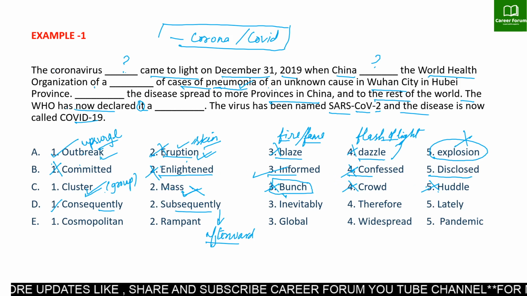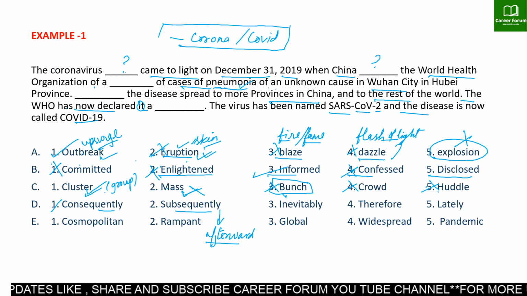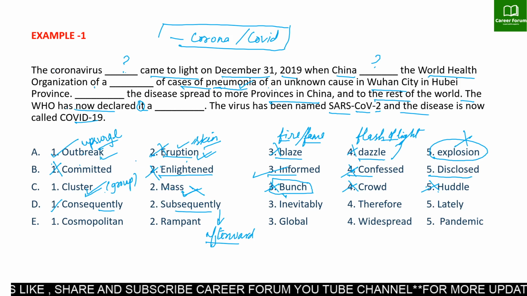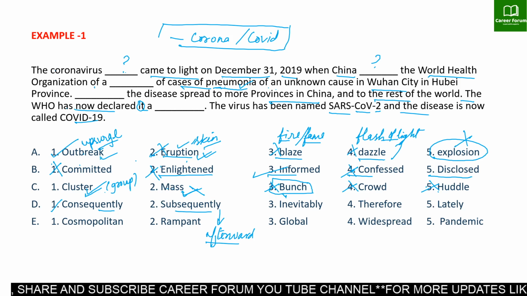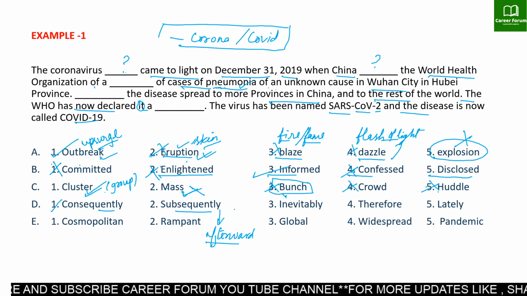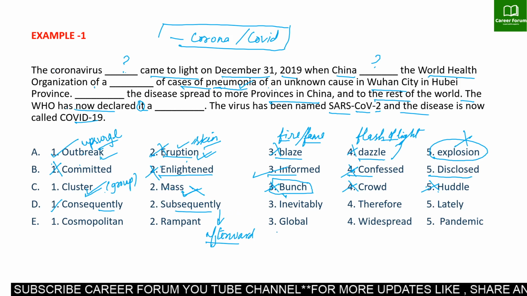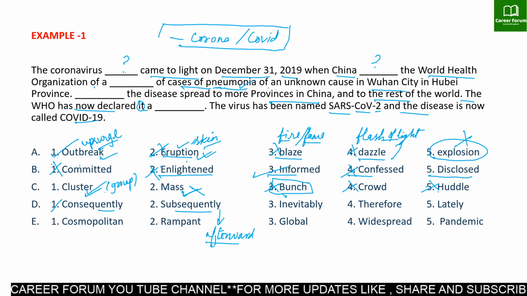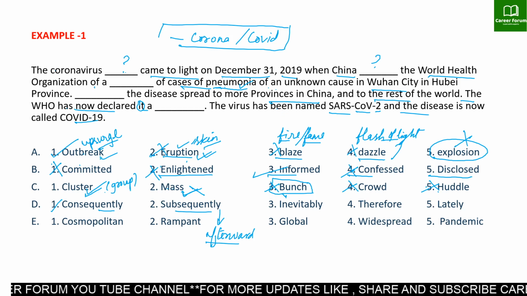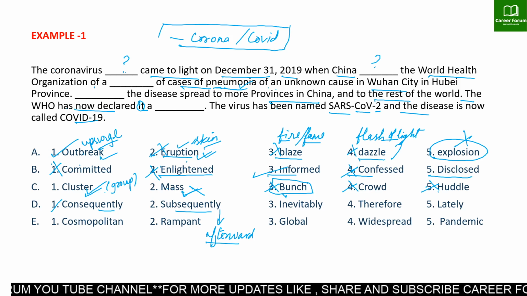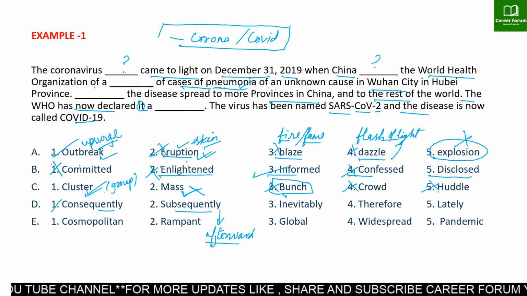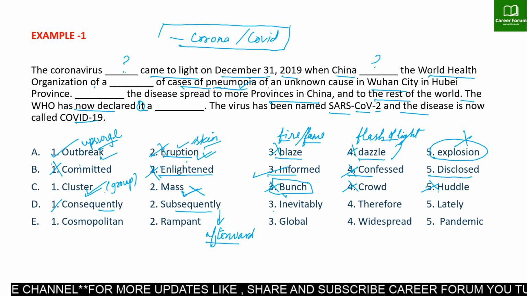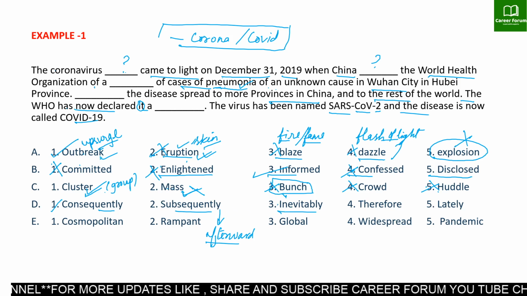So the sentence needs something that expresses something that happened later or after it. Inevitably means something which is very certain to happen, which is necessary to happen. So we don't need this word here. This does not fit in the blank.